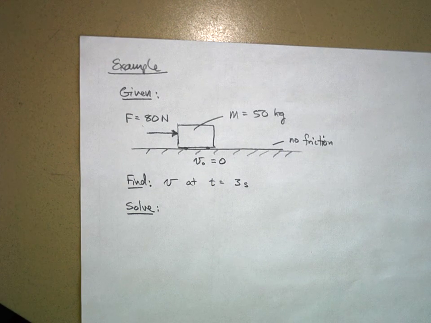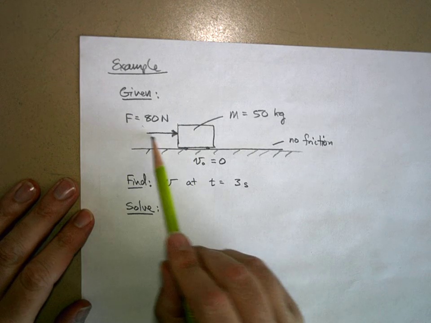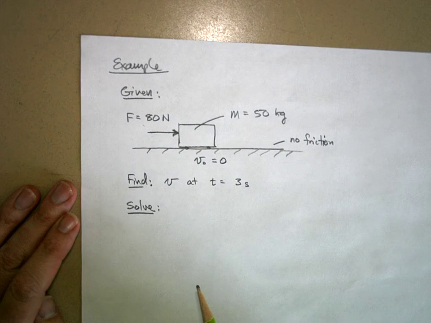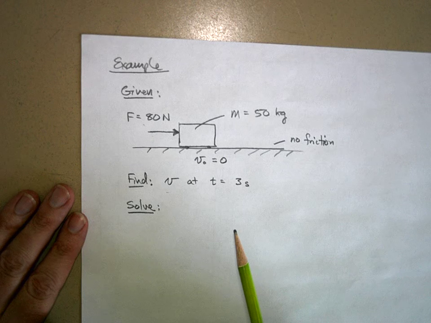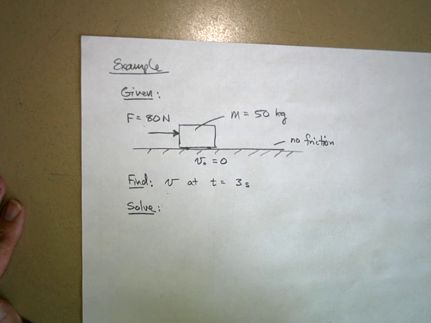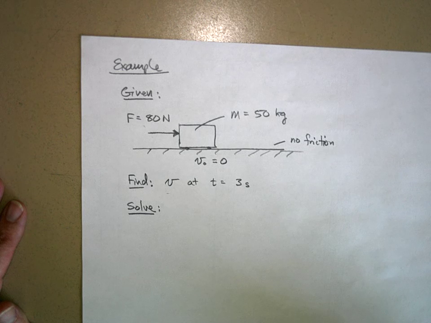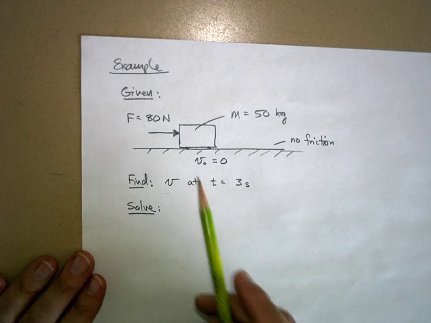Now, here's the deal. If you're given a force acting on a massive object, and then it asks for some kinematic stuff, at least for right now, you're going to have to use the procedure. Which means, because what do we need to know in order to figure out how fast it's going at 3 seconds?